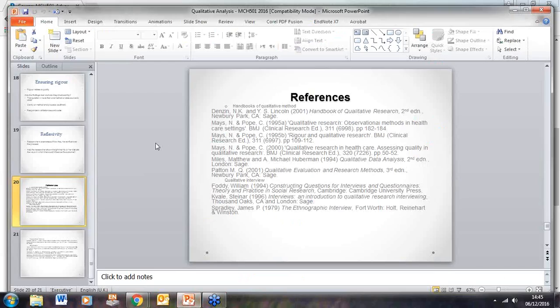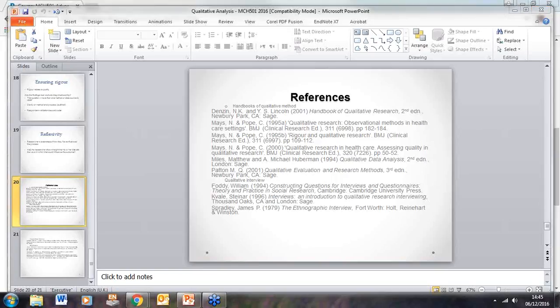Right, so going back to the qualitative analysis, any questions, any comments? I realise that some of you won't have any qualitative studies to review. You might be focusing purely on quantitative studies, and that's absolutely fine.